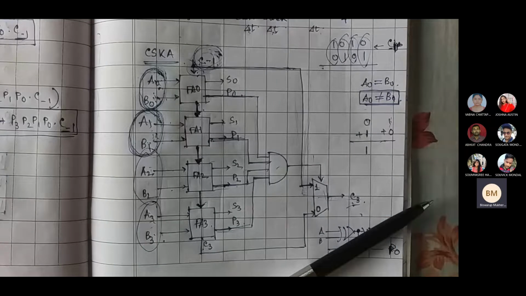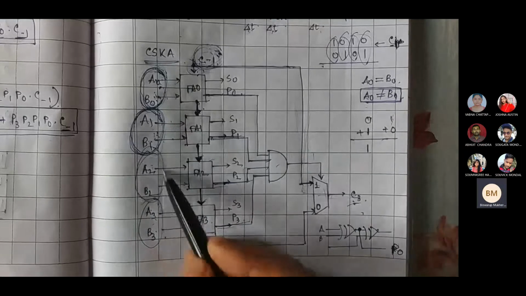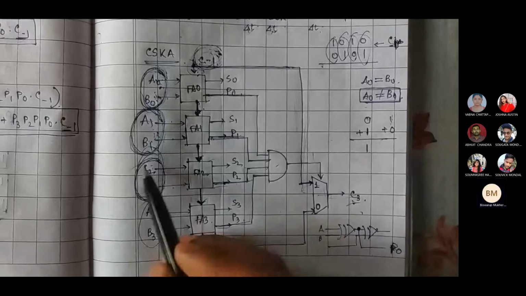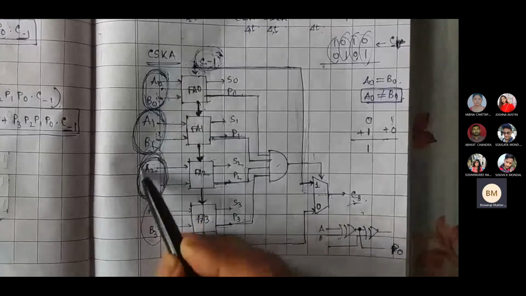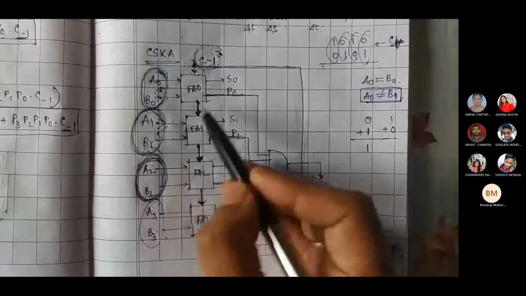If these two are equal, এই দুটো যদি সমান হয়, suppose these two are equal, এই দুটো সমান, right? So then এই দুটো যদি সমান হয়, এই দুটো অসমান, মানে these two are not equal.